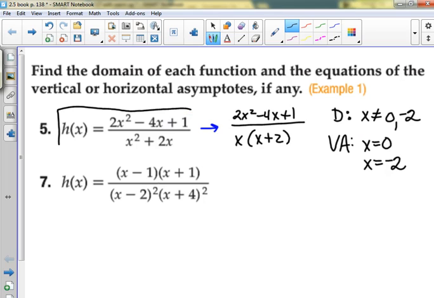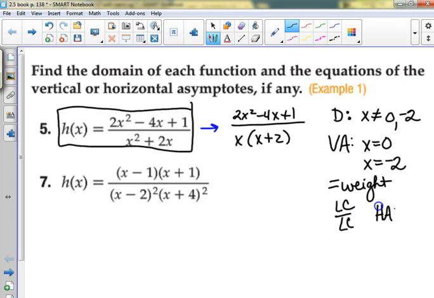And horizontal asymptote. Look back to the original one. What are the leading coefficients? So the horizontal asymptote is at y equals 2.